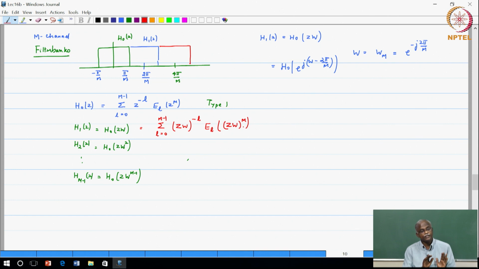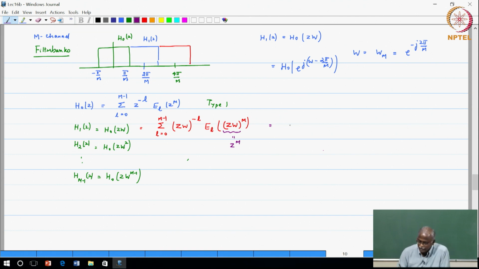Wherever there was Z, I have replaced it with ZW to get my first filter. Okay. Now, please look at what is within the bracket. This one, if I simplify, W raised to the power M will be equal to 1. So, this is nothing but Z raised to the power M. Okay. First observation.